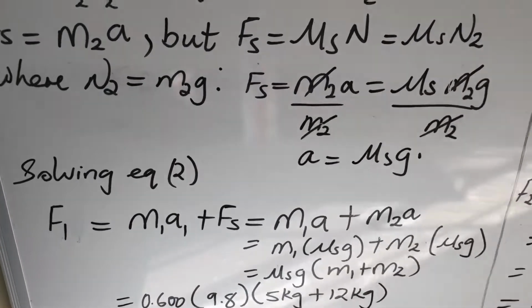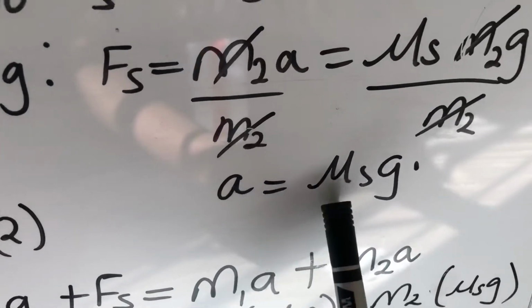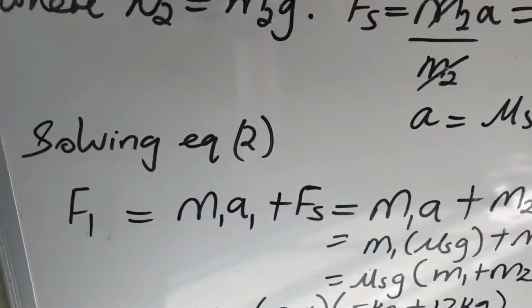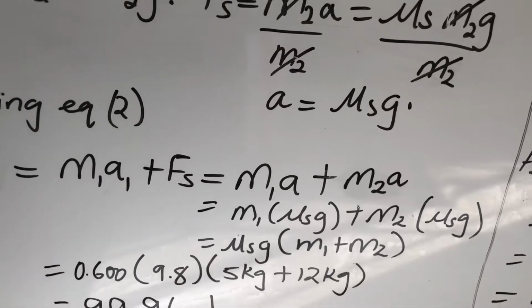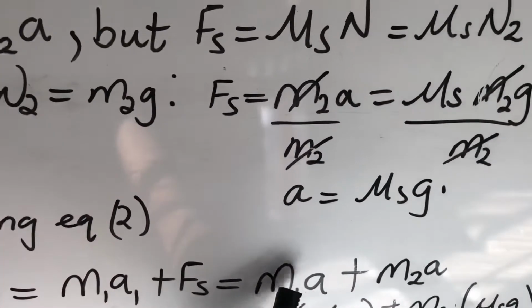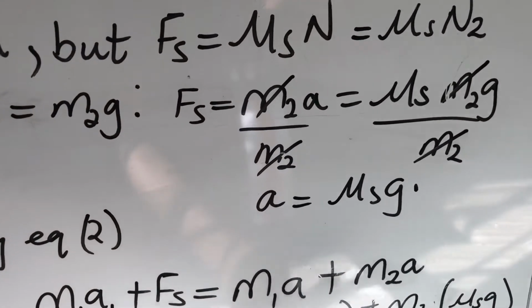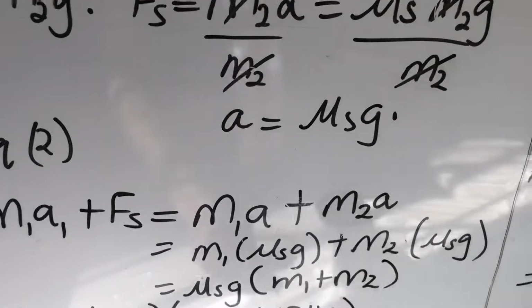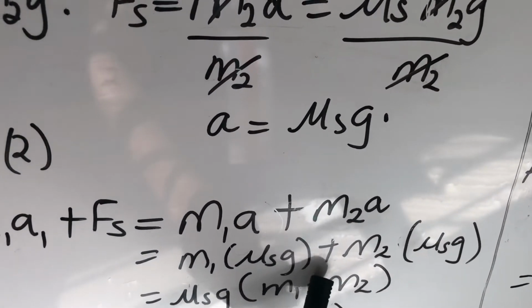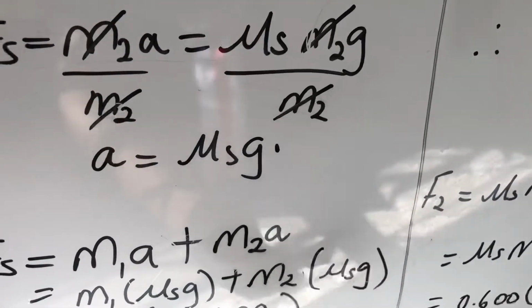But we know that the value of a, according to this statement, a is equal to mu s g. So everywhere where there is a, we are going to put mu s g. So here, which is equal to m1, in place of a we put mu s g, like that, plus m2, and in place of a again, we put mu s g, like this.